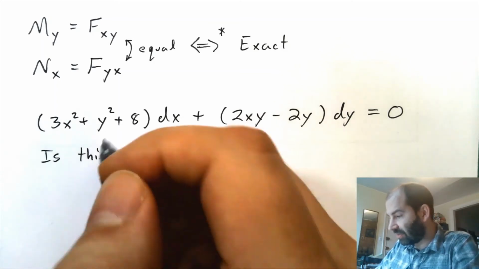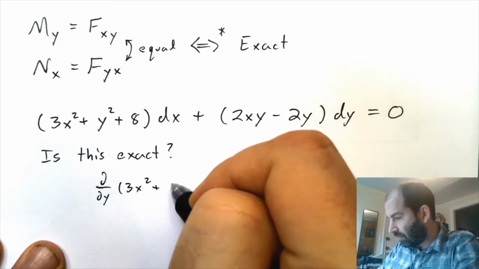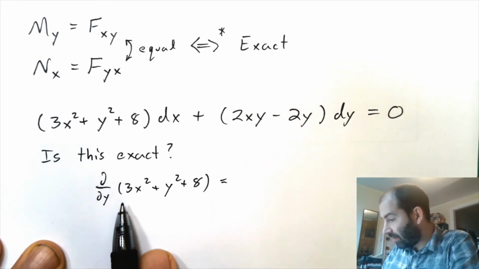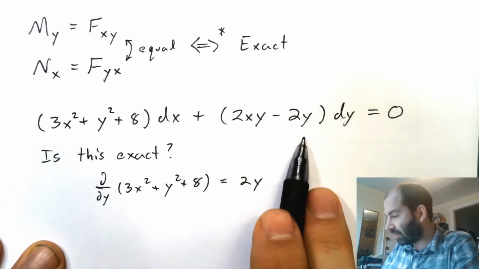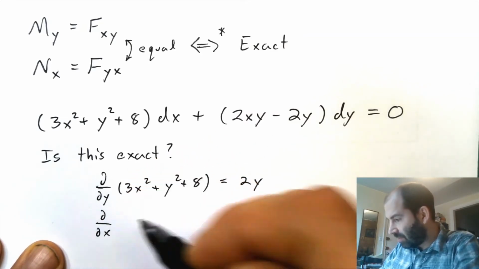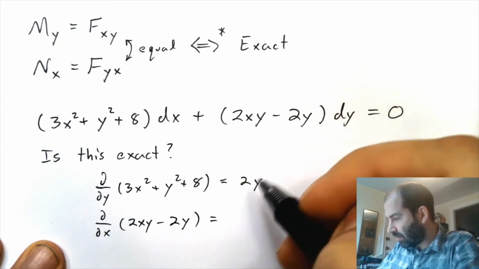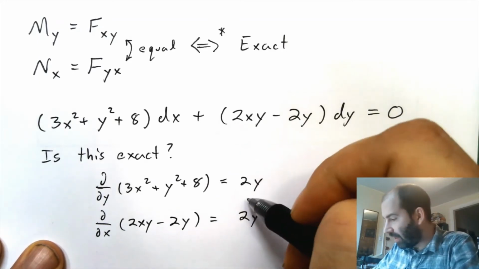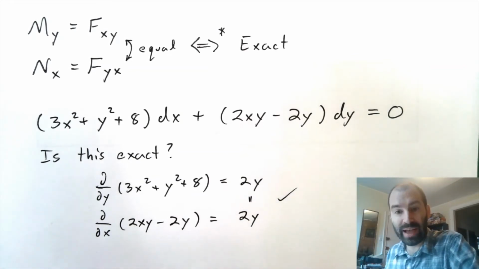Let's differentiate this with respect to y, treating x as a constant. We get 2y. Pretty simple. Now I'm going to differentiate this with respect to x. When I do that, I get 2y. Are they equal? They sure are. And therefore, I know this differential equation is exact, so I can go through and try to find the solution.